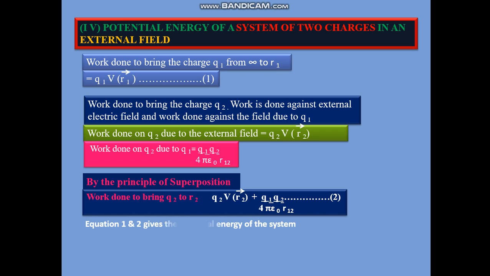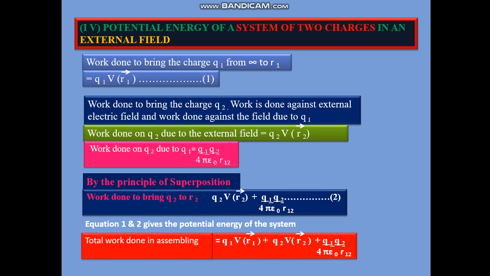So from 1 and 2, we get the potential energy of the system, that is the total work in assembling, equal to q1 V(r1) plus q2 V(r2) plus q1 q2 upon 4 pi epsilon naught r12.